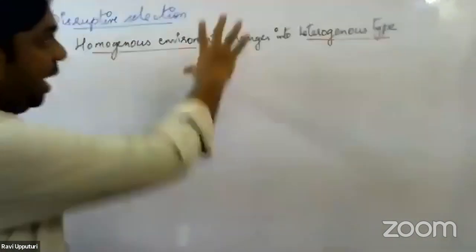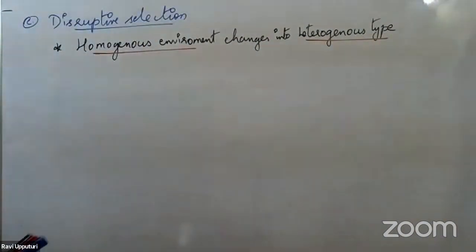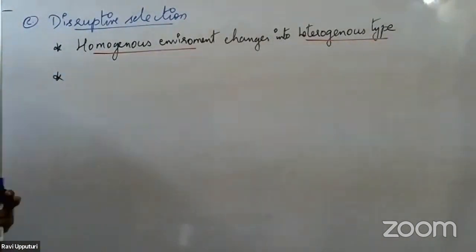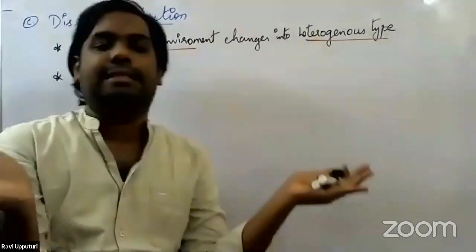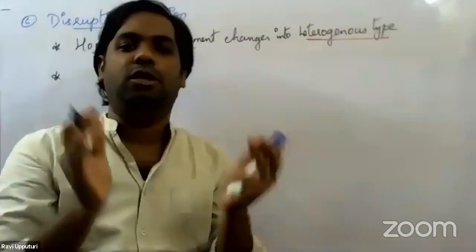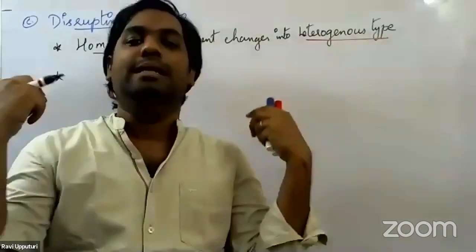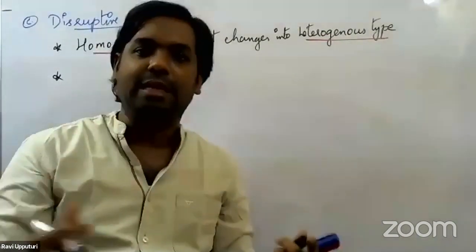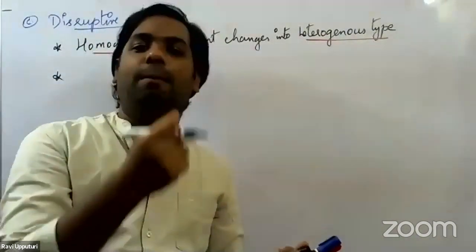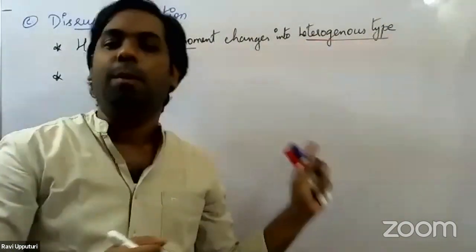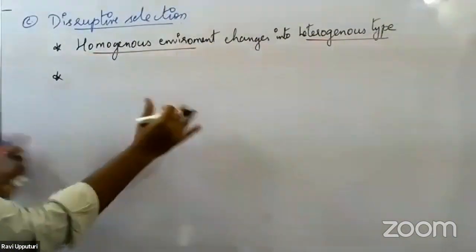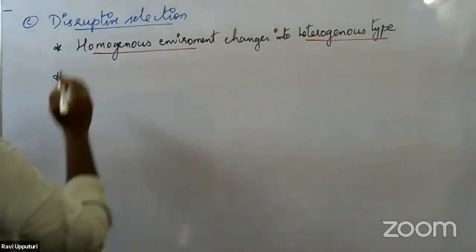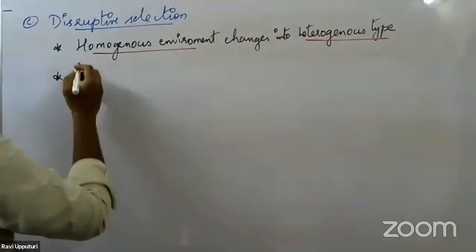Now, let us see what happens in this sort of selection, right? Individuals present towards both the extremes of the phenotypic distribution are being selected, while the individuals possessing the mean phenotype are being eliminated from the population, right? So just write down, then we'll get into the structural part.